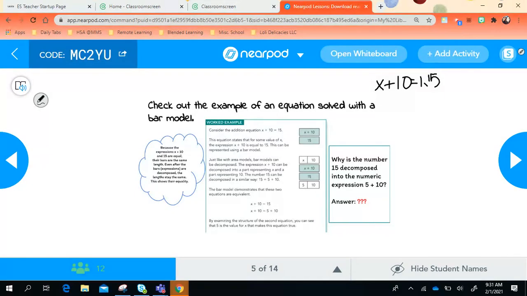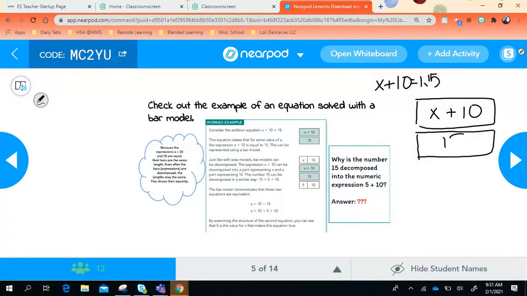So do you guys remember decomposing? Can I get a show of hands of anyone that remembers that word decomposing? Okay, and that's fine. Decomposing is when you break up a number. So if I was going to take the number 15 and I'm going to decompose it or break it up into two numbers, I can say, what are two numbers that give me 15 when I add them together? 1 and what? 1 and 14.